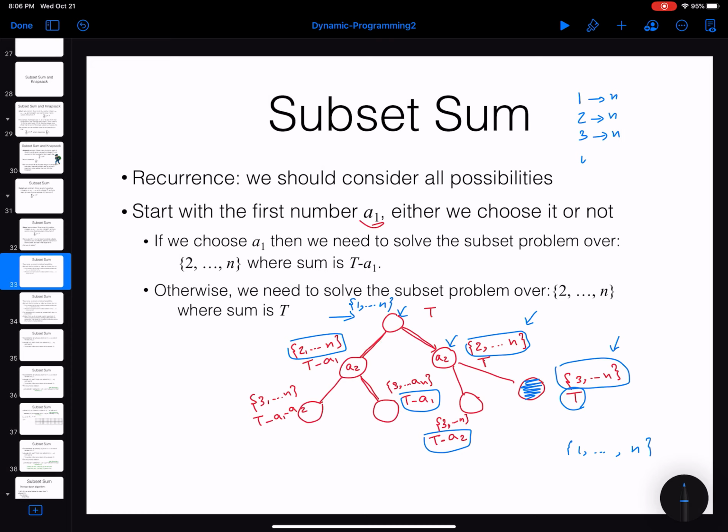If it is I, you have access to all the items from I to n. So I don't need to think about all the subsets of items. I fixed it, saying that from 1 to n, you can access all of them, but I don't care which one you are taking. From 2 to n, you have access to all the items, although I don't care how many of them or which of them you are going to take.